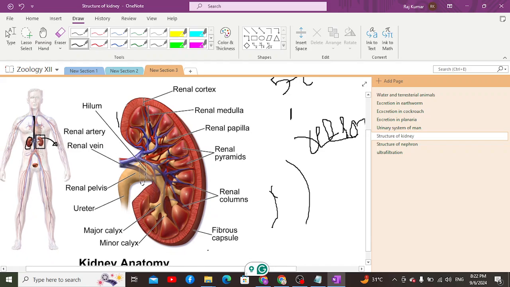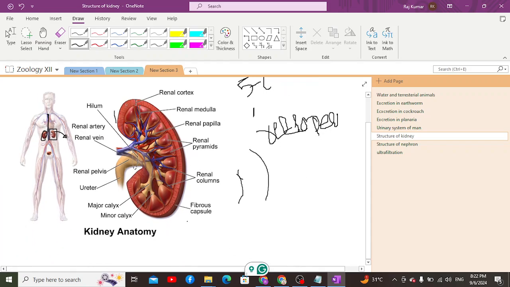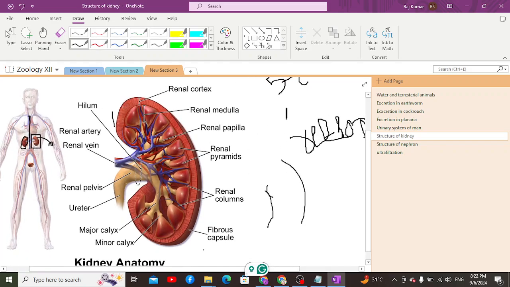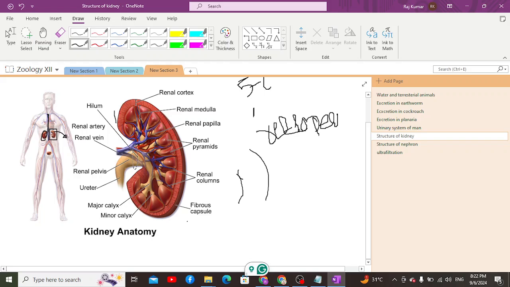Some specific functions of kidneys we are going to discuss later on as well. But for now, just to give you an insight into its endocrine role, the kidney also acts as an endocrine organ because it secretes erythropoietin.